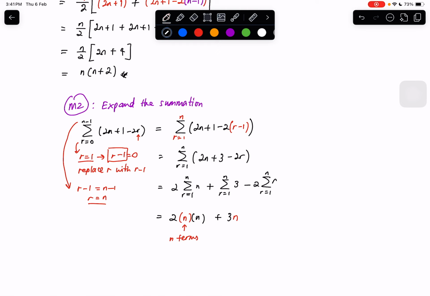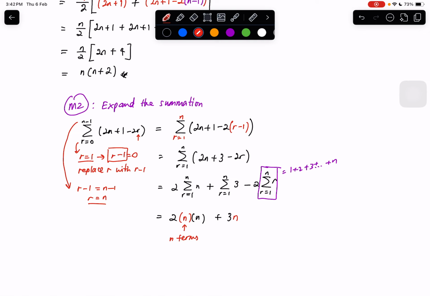Now we are summing up the variable part, the summation of r from r equals 1 to n. What does this mean? It is 1 plus 2 plus 3 all the way until n. How do we do this? There is an expression, a shortcut or identity for us to use.